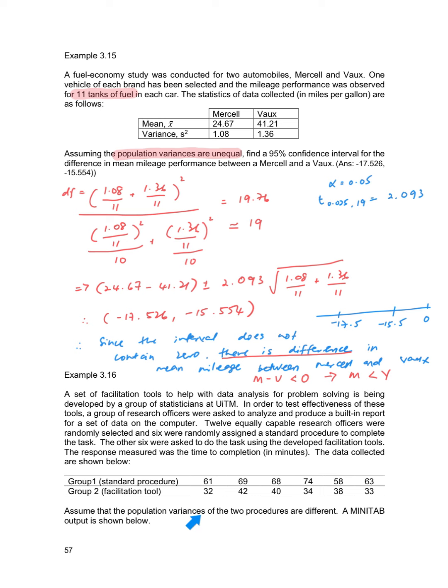Assume that the population variances of the two procedures are different. A Minitab output is shown below. Minitab is one of the statistical software packages that can be used to analyze our data.